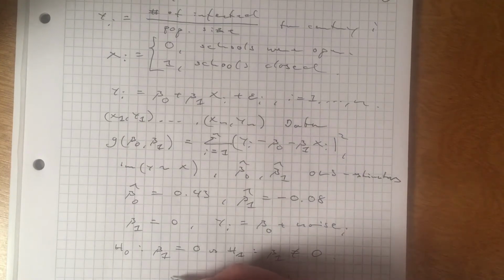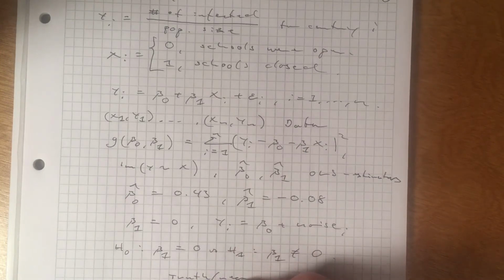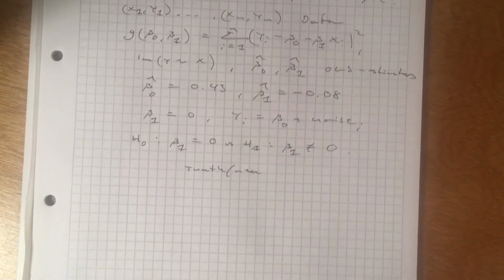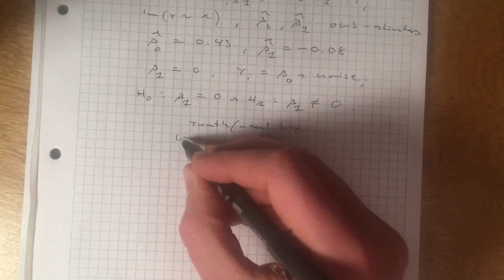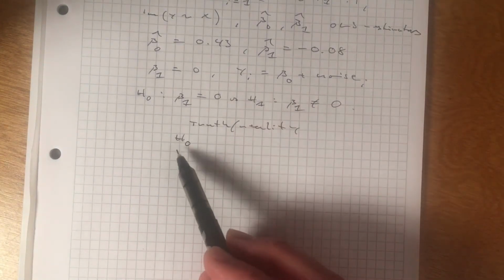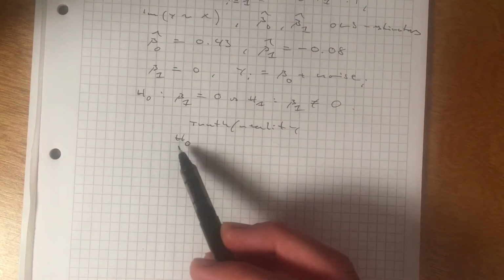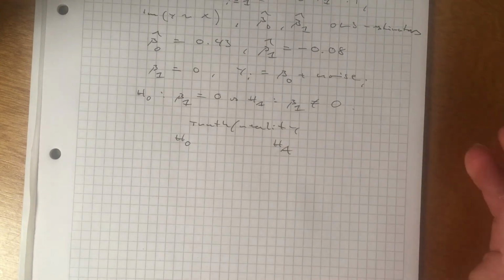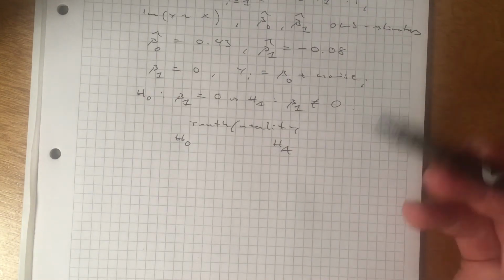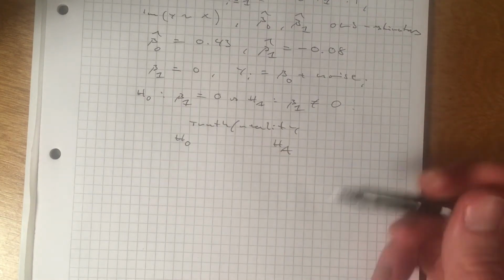So let's say the truth or reality is that either H0, the null hypothesis, is true, or the alternative hypothesis is true. And we can make two different decisions.